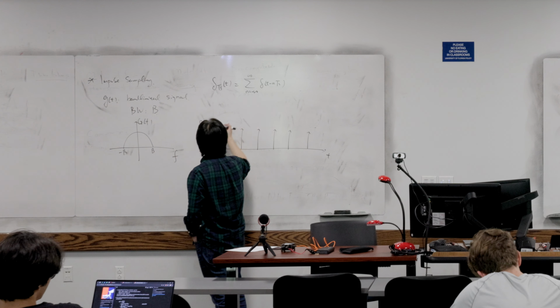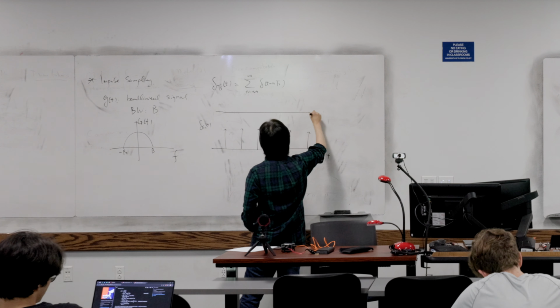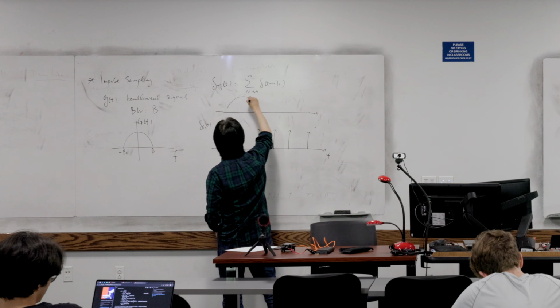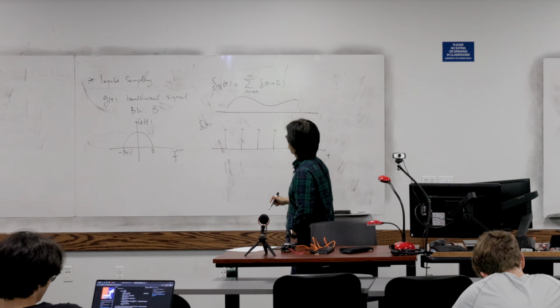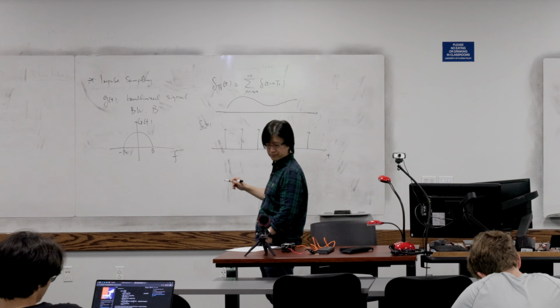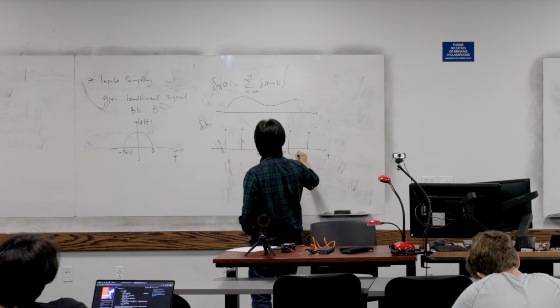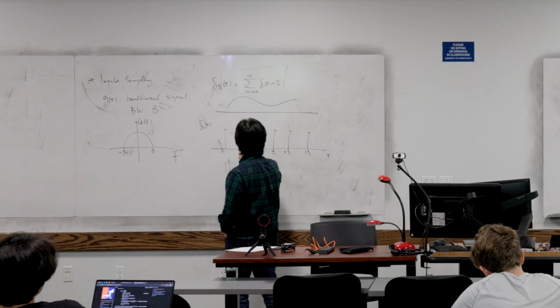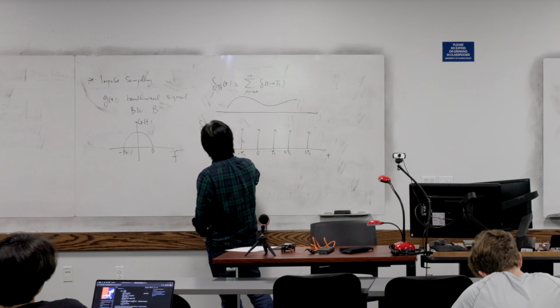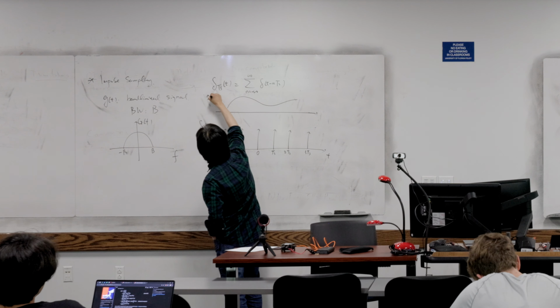Let's see what we're doing here. Let's say g looks like this. Here is 0, here is Ts, 2Ts, 3Ts, and so on; here is minus Ts, minus 2Ts, and so on. This is g(t).